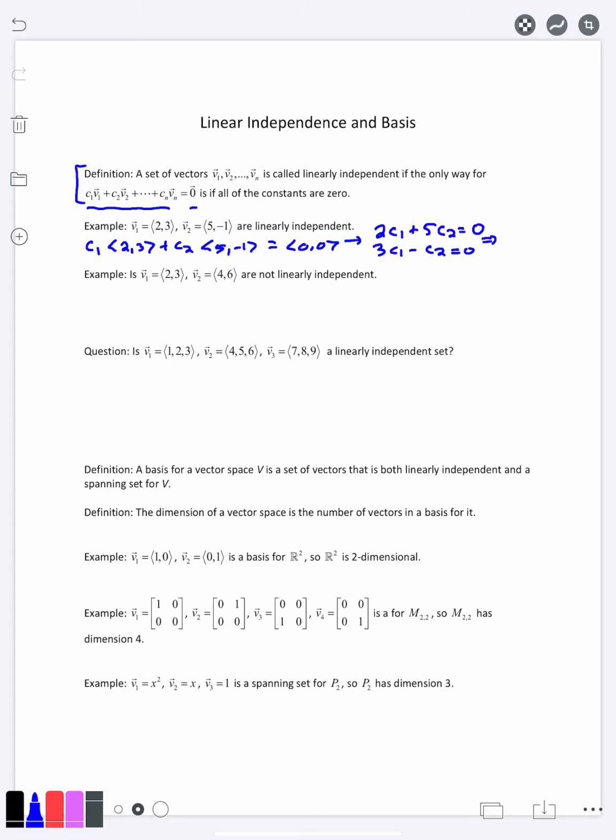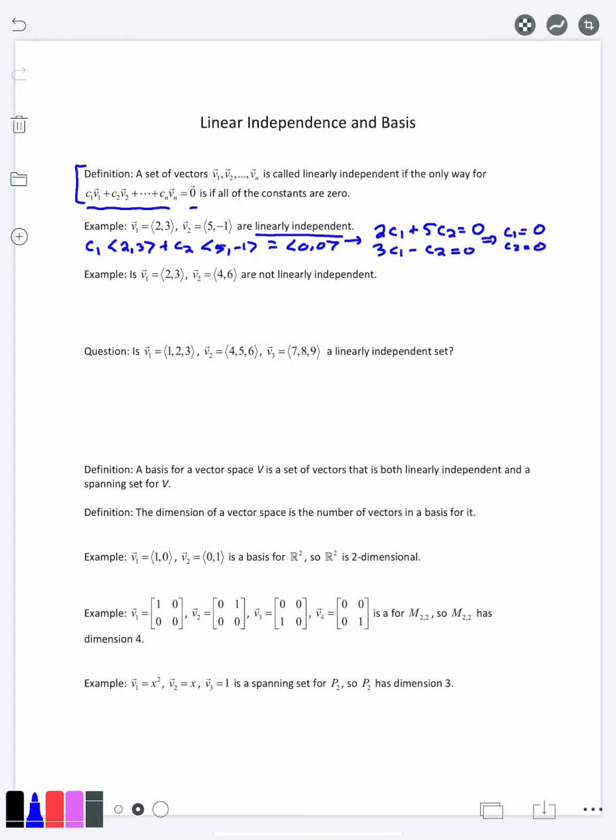If you were to solve that, you're going to get that C1 and C2 both have to be 0. That means the only time that you can get 0 as a combination is if all the constants, in this case both of them, are 0. Therefore, they are in fact linearly independent.